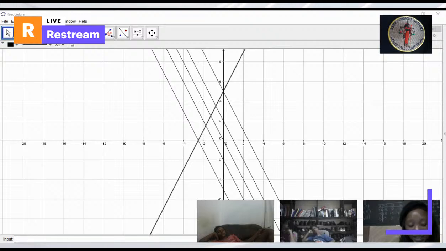Another thing you can tell, the third thing, is at what point on the y-axis does the line cut the y-axis? And you find that out by looking at the constant term, the number at the end of the function. But remember, first you must put the equation in the form y equals mx plus c.